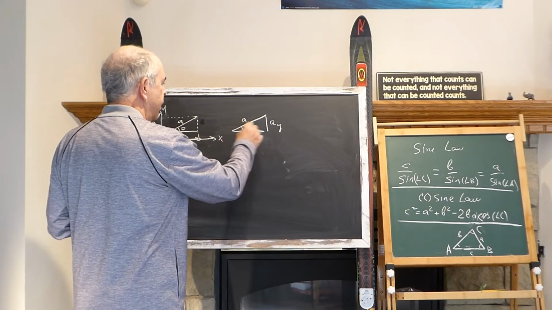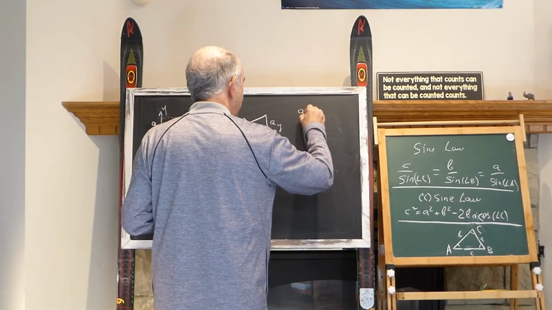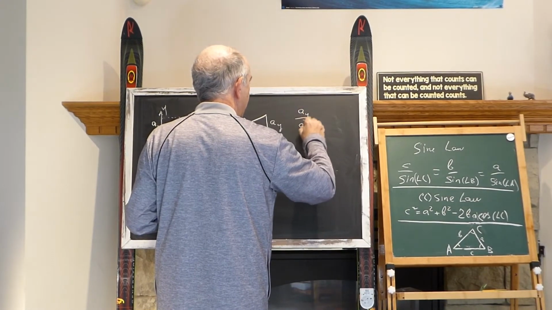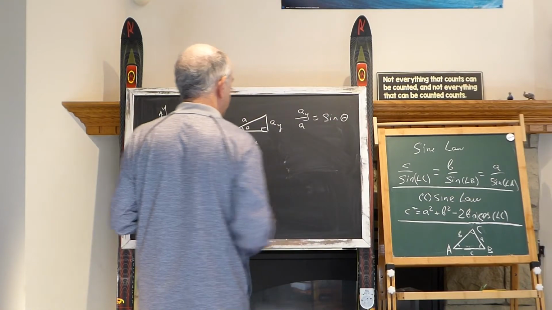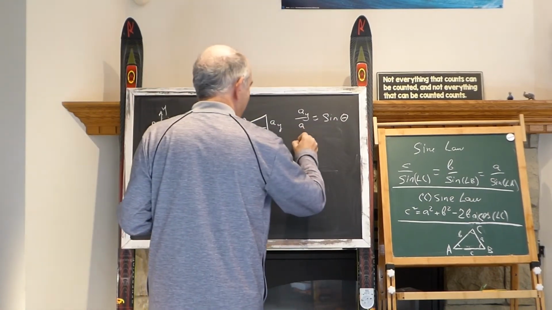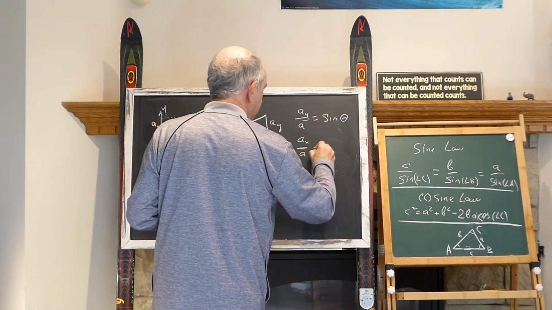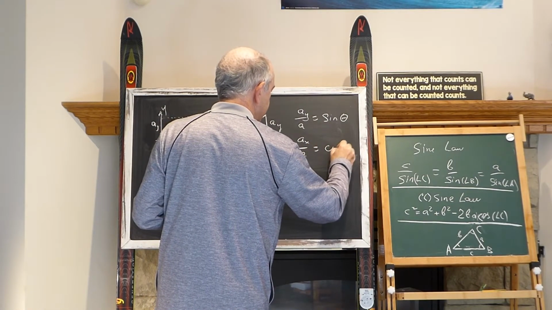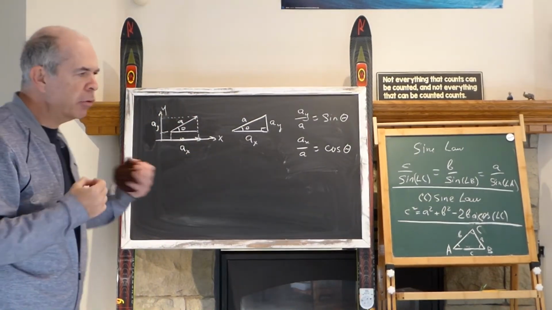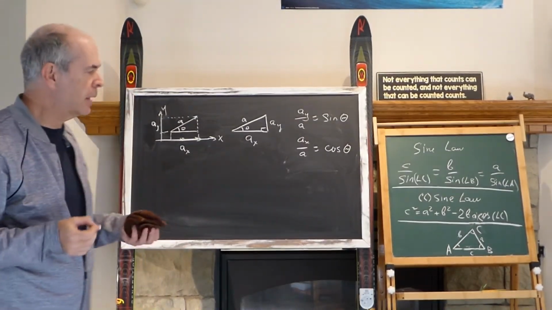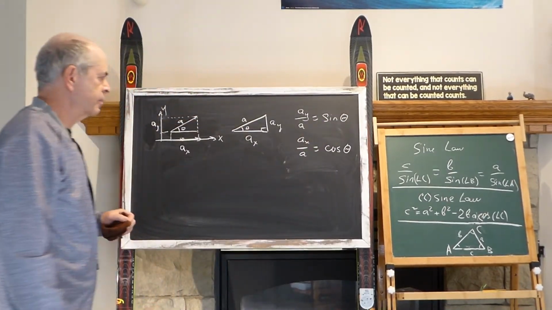is that if we have a rectangular triangle, then ay divided by A is called sine theta. And ax divided by A is called cosine theta. Those things you have to remember. You have to memorize something at the very beginning, and I suggest that you memorize those two things.